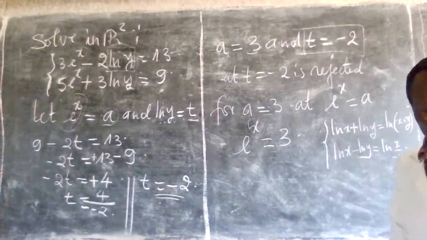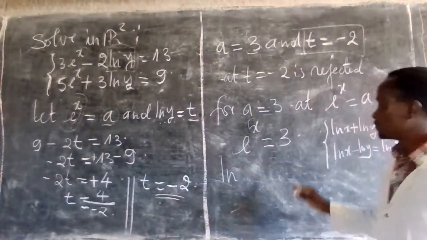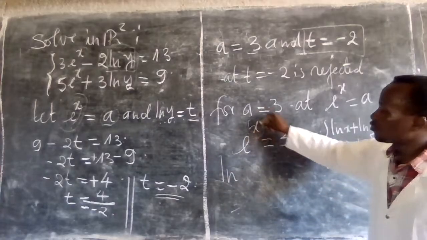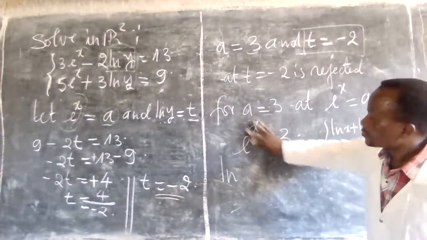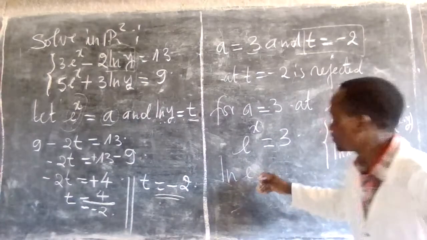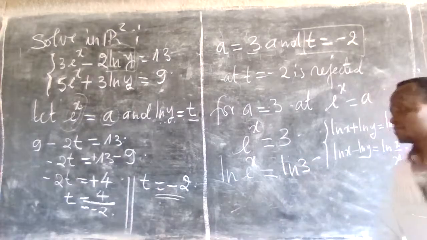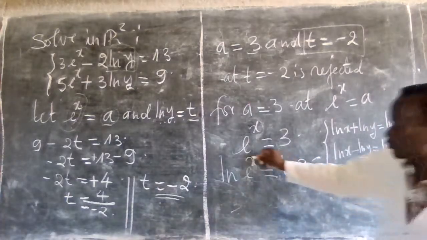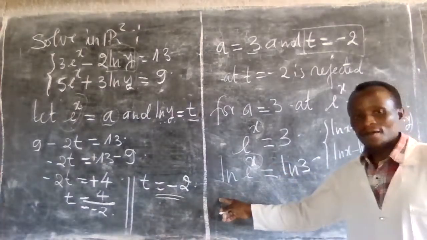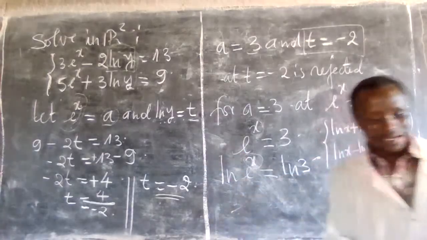It is ln, we have to apply ln to both sides so that we eliminate this power. Now it is ln of e power x, which is equal to ln of this number 3. Yes? Now how should we avoid this x? It will come to this side.